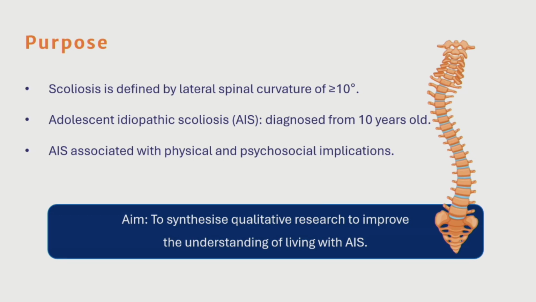And of course, it is associated with many different physical and psychosocial implications. And as we're looking at the experiences of adolescents with this, we're going to be exploring that more through this quiz. So our aim was to synthesize all the qualitative research that's published that we found to really explore what it's like to live with this condition.